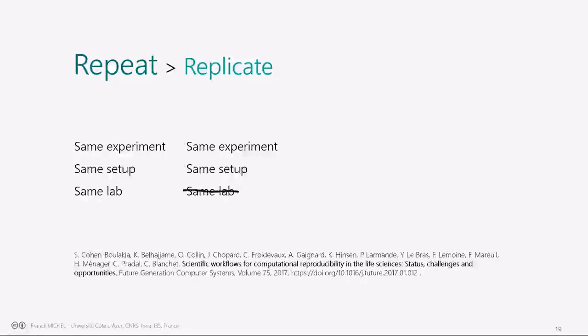Replication is similar. You replicate the same experiment. You want to test the same scientific hypothesis in the same setup, so basically you use the same software and data, but in a different computing environment. This is it. Reproduce is about testing the same hypothesis, but maybe you develop new software implementing different methods to get to the same result.